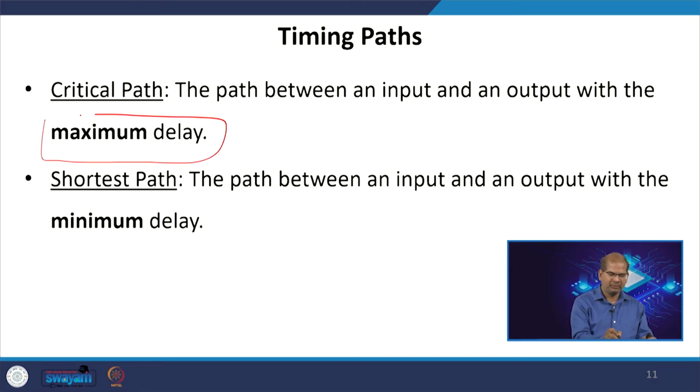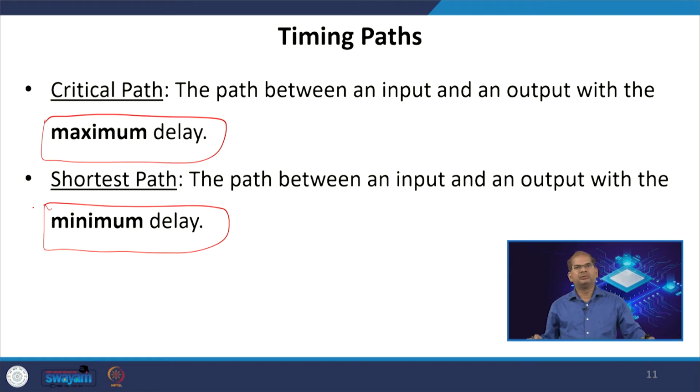The short path is the path between an input to the output with the minimum delay. The critical path tells about the speed of our design, and the short path is also essential to be analyzed by the timing analysis tool to avoid hold violation.